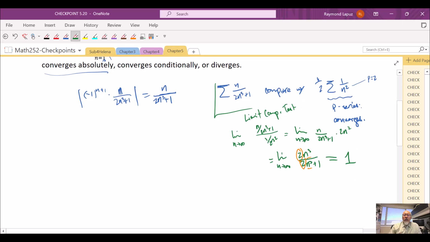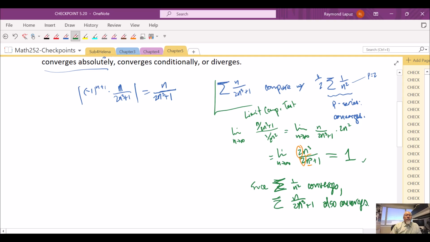So the conclusion is that since the p-series 1 over n squared converges, and we got the limit equal to 1, the series n over 2n cubed plus 1 also converges. Now we know that the absolute value series n over 2n cubed plus 1 converges.